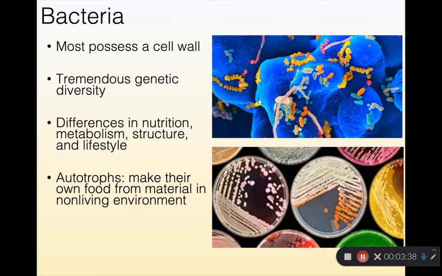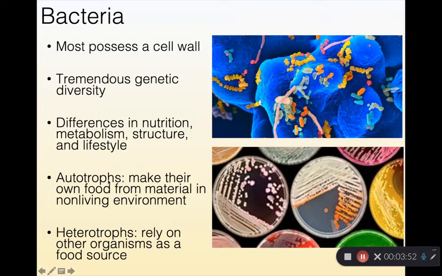The first is autotrophs, basically organisms that can make their own food from material in a non-living environment. Auto meaning self, troph meaning to eat. Then we have heterotrophs, which have to rely on other organisms as a food source. We're going to dive into both of these broad branches of bacteria a little later in the lecture.